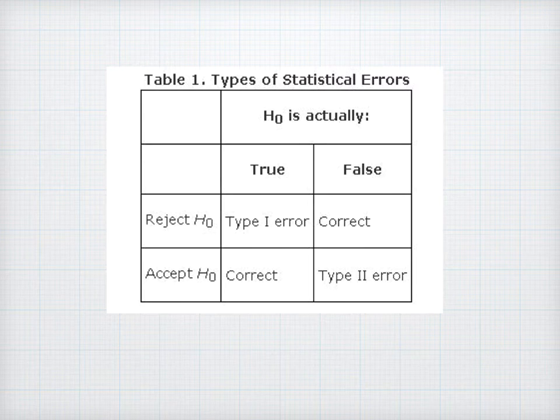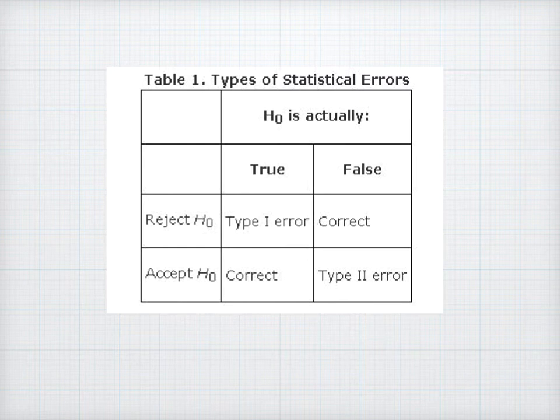If it is false and we reject H naught, that is a correct decision. If we accept a true H naught, that is a correct decision. And if we accept a false null hypothesis, then it is called a type 2 error. So it is just represented in a table.